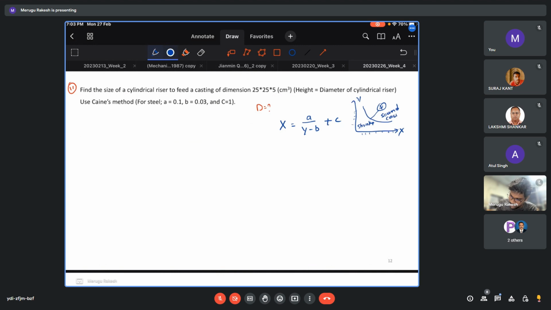Then X is nothing but the freezing ratio. Then Y is nothing but the volume of the riser by the volume of the casting. Now we can go ahead and solve.